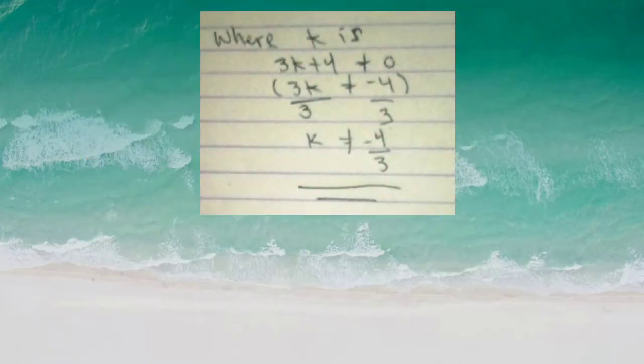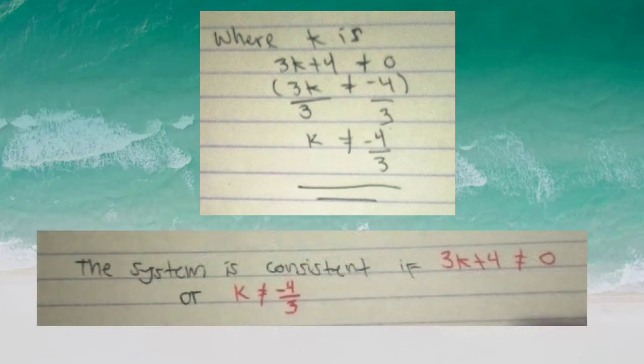Solving for K, we get K is not equal to -4/3. So the system is consistent if 3K plus 4 is not equal to 0, or K is not equal to -4/3.